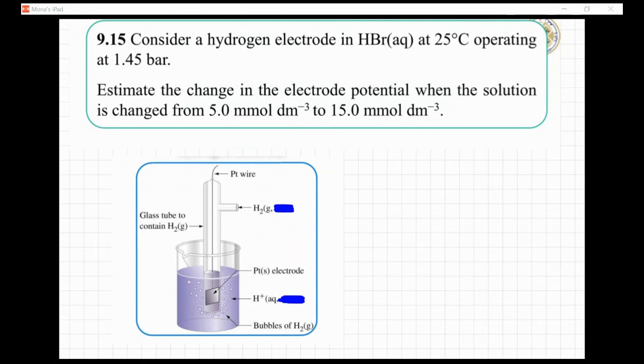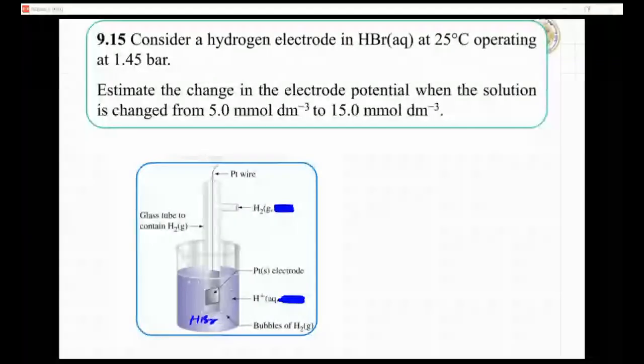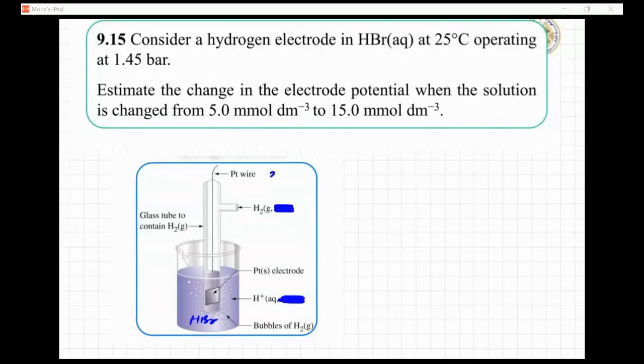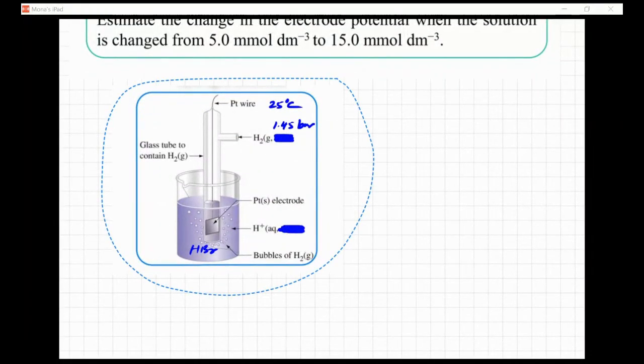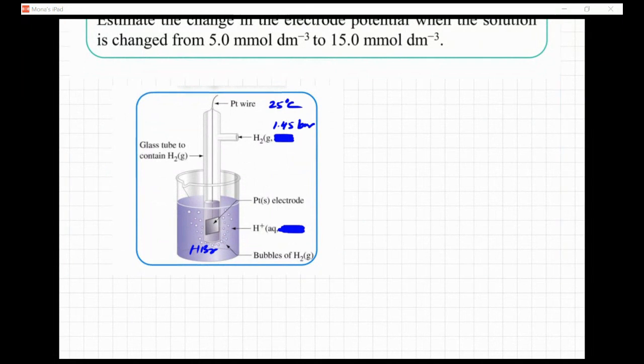Now we need to specify that the temperature is 25 degrees C, and the pressure of the gas is 1.45 bar.